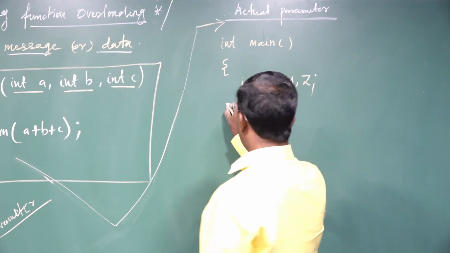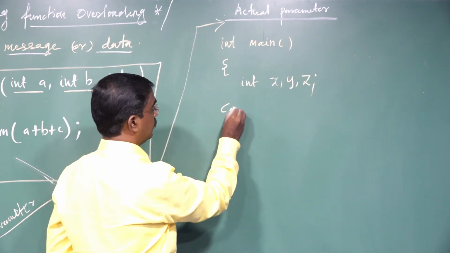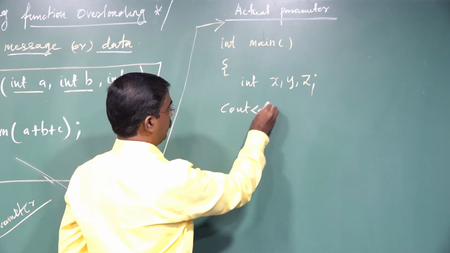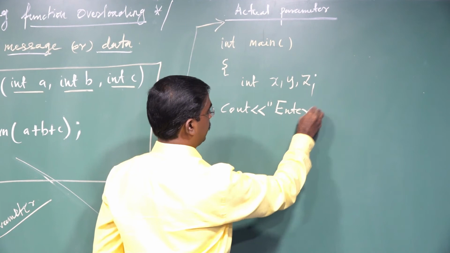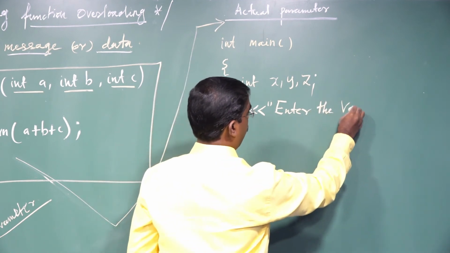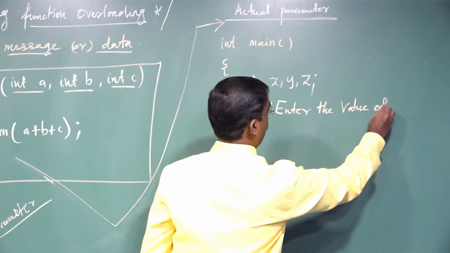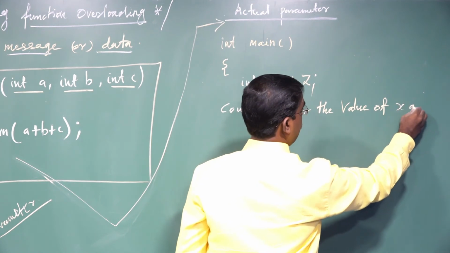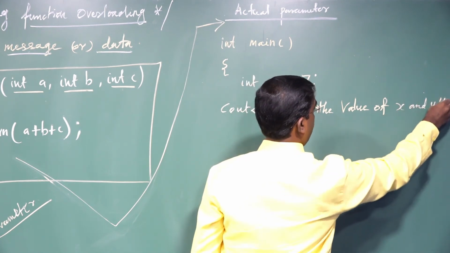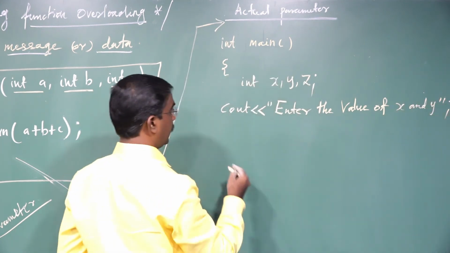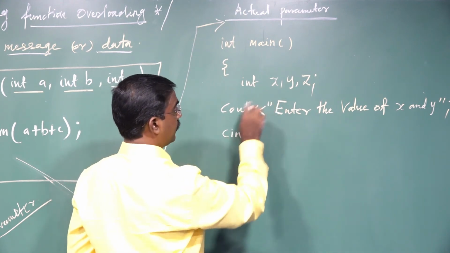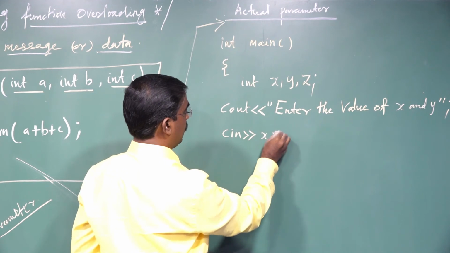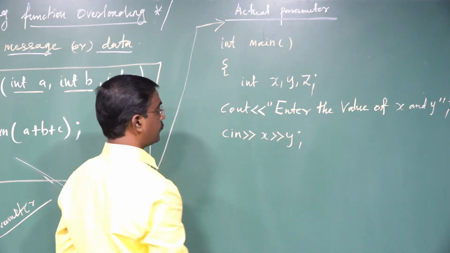In this program, we want to write cout: enter the value of x and y. Then, from the keyboard, we get cin x and y.